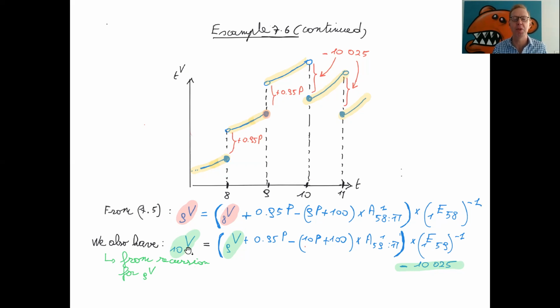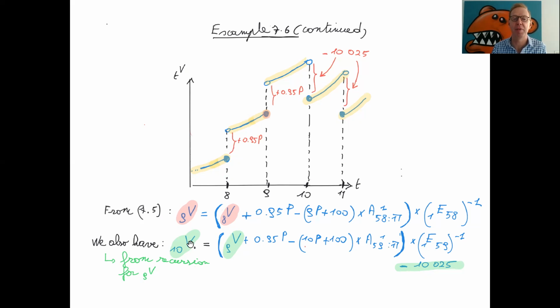If we have a look at the policy value at time 10, from the recursion for V9, we find that V10 is V9 plus the premium payment minus the cost for the premium guarantee, accumulated by interest. But be aware, the policy value at time 10 is the policy value after the survival benefit payment.